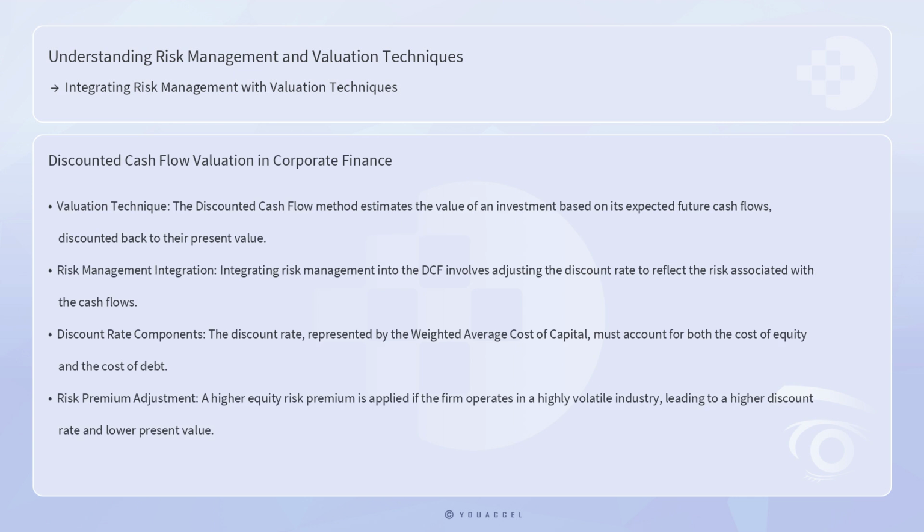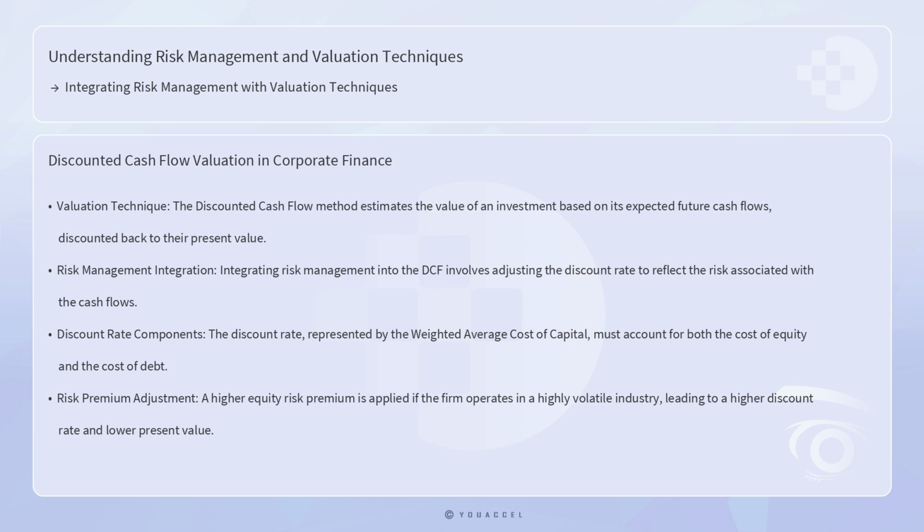One of the primary valuation techniques in corporate finance is the discounted cash flow method, which estimates the value of an investment based on its expected future cash flows, discounted back to their present value. Integrating risk management into the DCF approach involves adjusting the discount rate to reflect the risk associated with the cash flows.